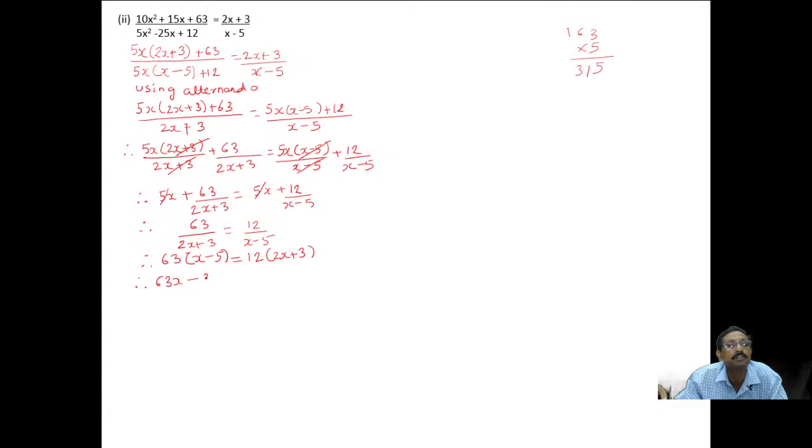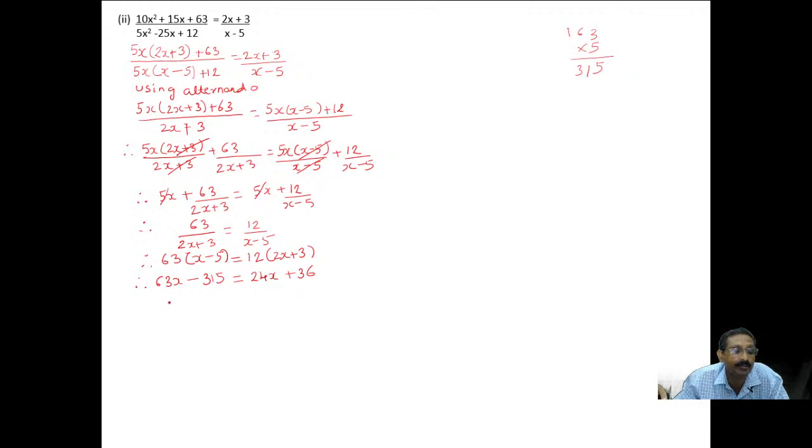So I get 315, which is equal to 12 2s are 24 into x gives me 24x plus 12 3s gives me 36.